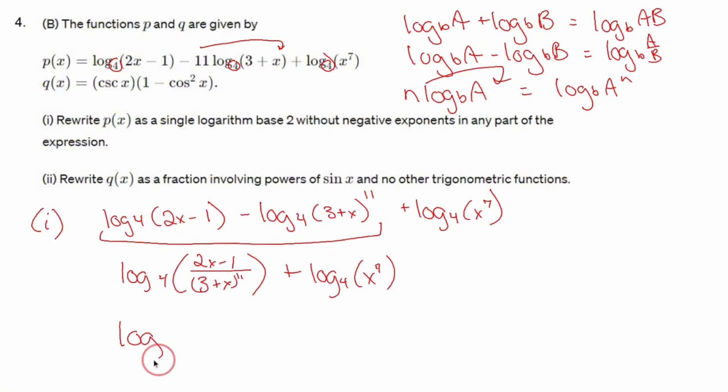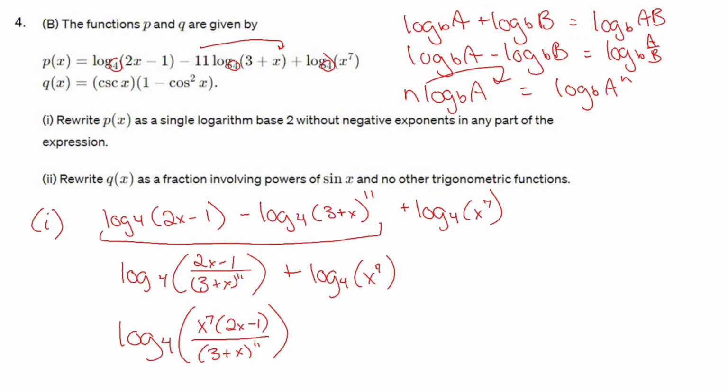So my final answer is going to be log base 4 of x to the 7th, parentheses 2x minus 1, close parentheses, over 3 plus x to the 11th. And I'm not going to simplify that because no one's going to want to simplify that. But that is a single logarithm.